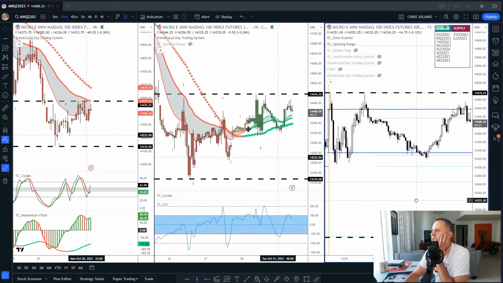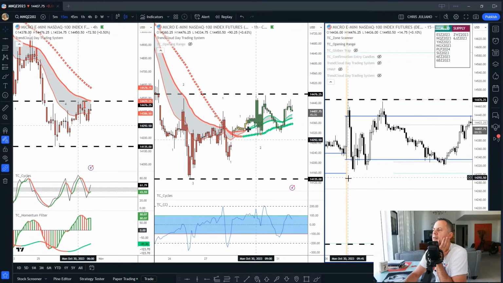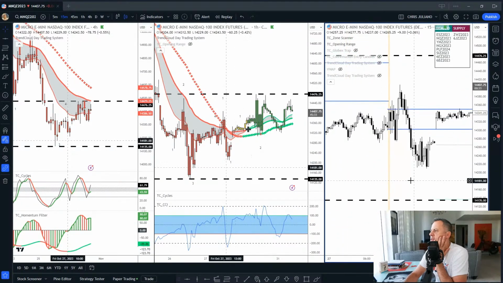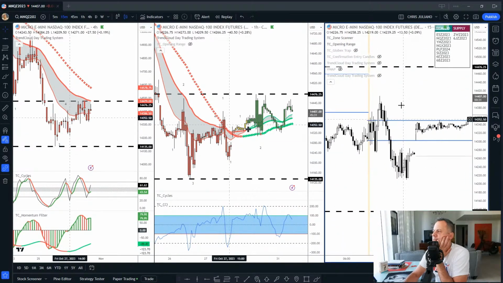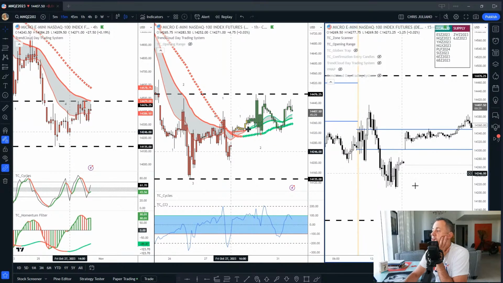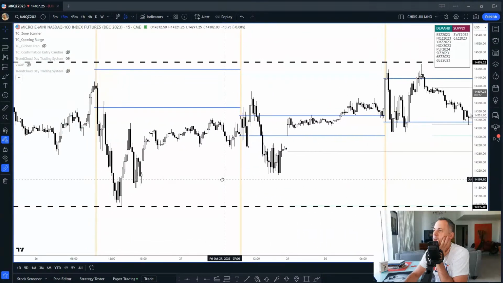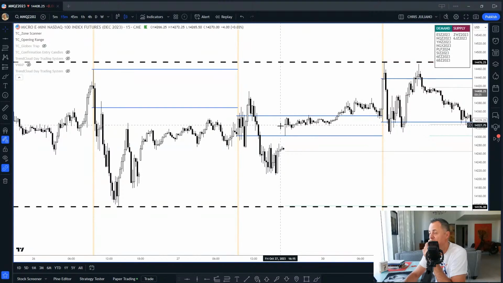It could be very convincing when you see something happen a couple of times. Look at here. This is a great example, on the opening range breakout, of why we don't trade the actual breakout itself, because it broke to the upside right here, broke to the downside.